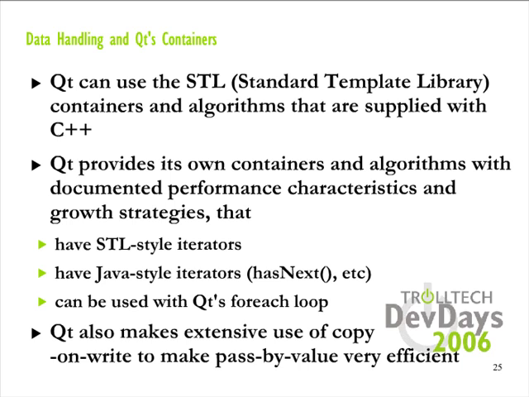Now, of course, as a matter of good practice, we generally pass anything other than an integral type or a double by const ref. And there's no reason not to do that in Qt, and in the Qt API, that's done extensively. But you don't have to, and you won't pay a price if you pass by value. Unless, of course, you change the thing that you've passed, and then you pay whatever the copy price is. But there's no avoiding that, whatever the toolkit. Okay.